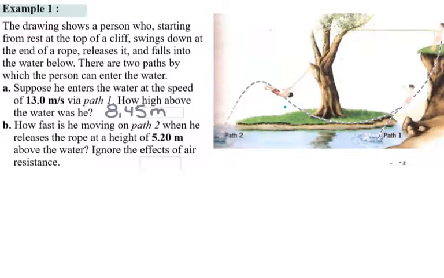Now for the second part, we start again with the potential energy at the top, initial. Now he goes all the way down to this height, and this height is said to be 5.2 meters above the ground. So I'm going to call this one little h now, and this one big H. Here at this height, he has kinetic energy final, and he has potential energy final.